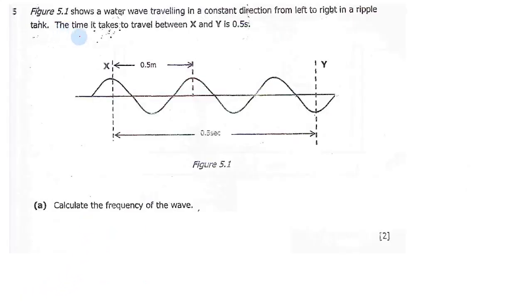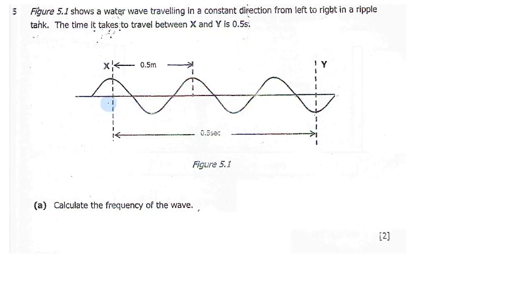Came in the same year. Figure 5.1 shows a water wave traveling in a constant direction from left to right in a ripple tank. The time it takes to travel between x and y is 0.5 seconds.